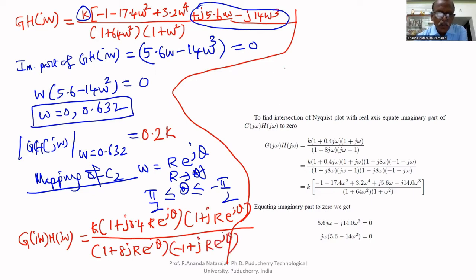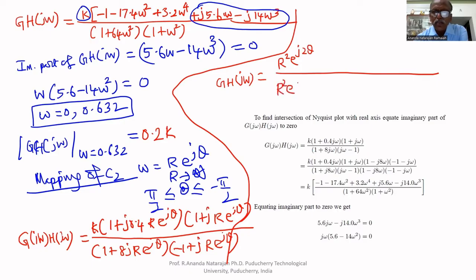If we take r e power j theta outside, G H of j omega equals r squared e power j 2 theta outside, and inside the numerator you will get 1 plus j 0.4 divided by r e power j theta.